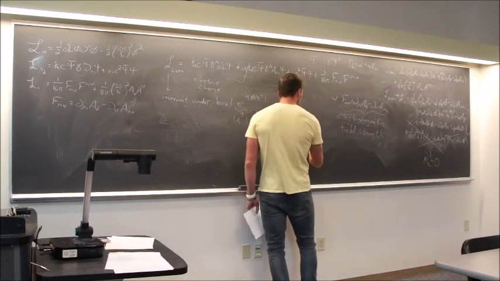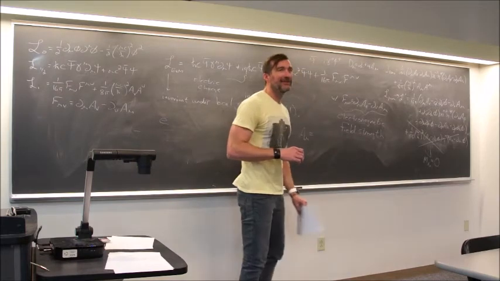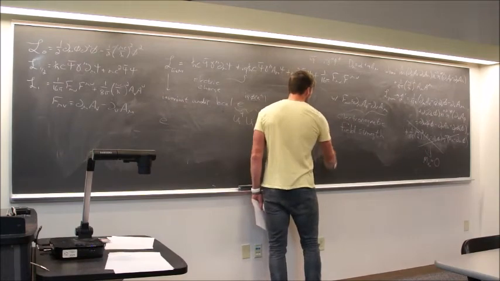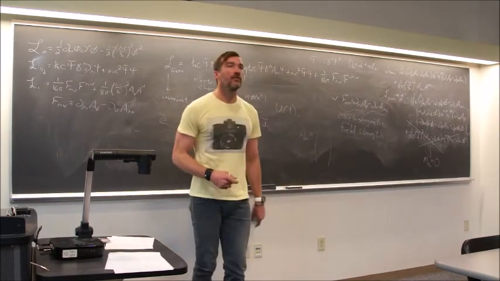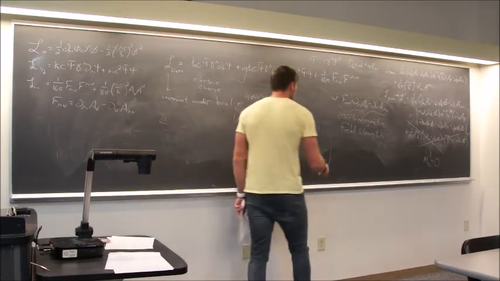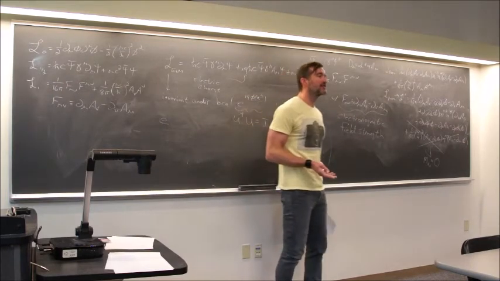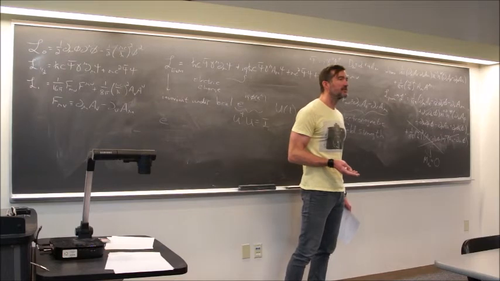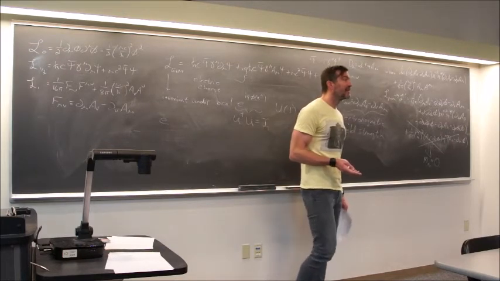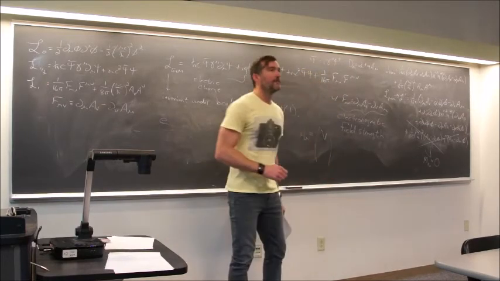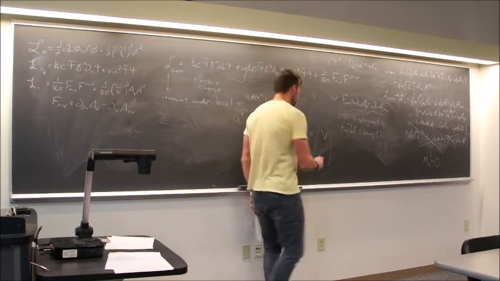A, and this is a misfortune of my notational choices, but the dual vector A is comprised of exactly the... do you have another symbol for electric potential other than phi? What do you guys use? Phi? V, oh, V, okay. And then the vector potential.